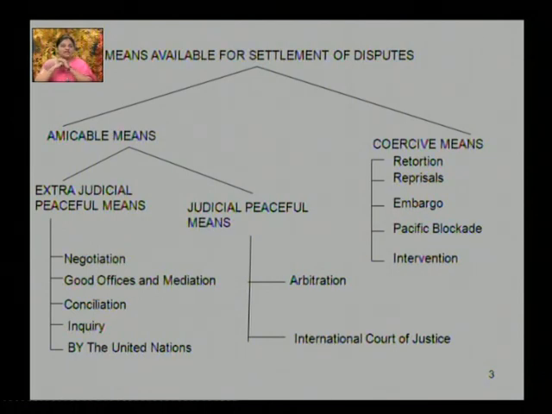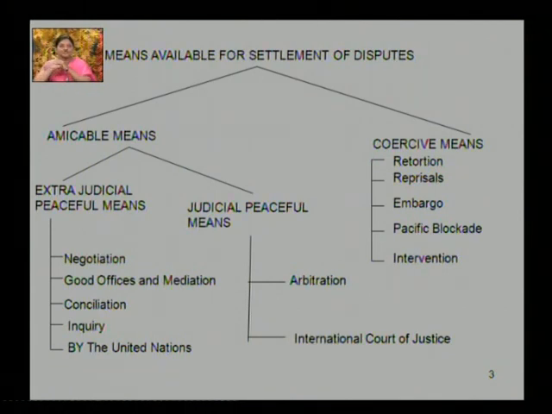Now, if a state or a member state does not want to follow the peaceful method, then what will be the consequences? See, to solve any international dispute through coercive means is very easily available, and the solution is always successful because the one who has power in his hand will have the solution follow their wishes.